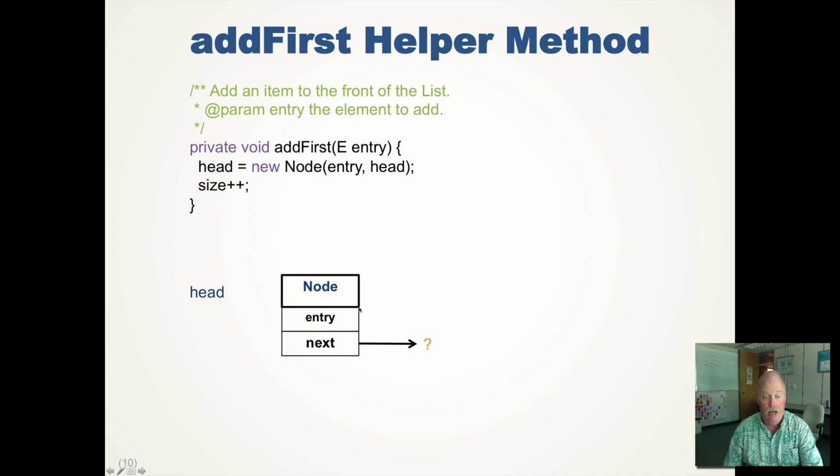We then assign head to this node. So now we've inserted a new node that points to whatever head was pointing to. Now we have to increment the size because we added one item to the list. And we're done. We've added a new item to the beginning of the list.